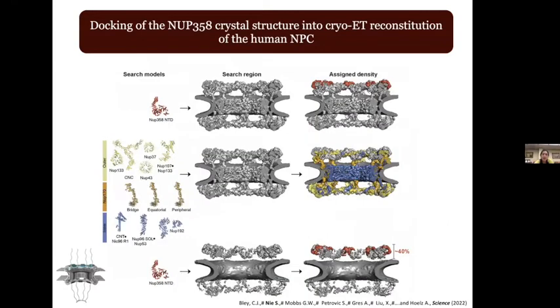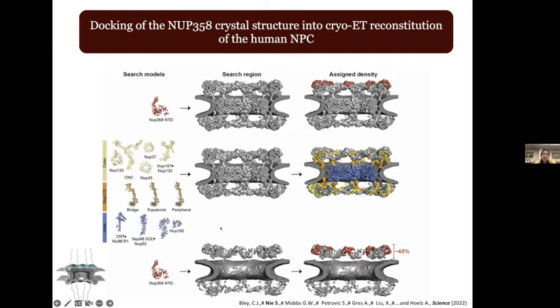So after we got this structure, we wanted to determine the position of 358 in the nuclear pore complex. We used two different ways. One way is to try to dock the structure into the map without assigning anything.